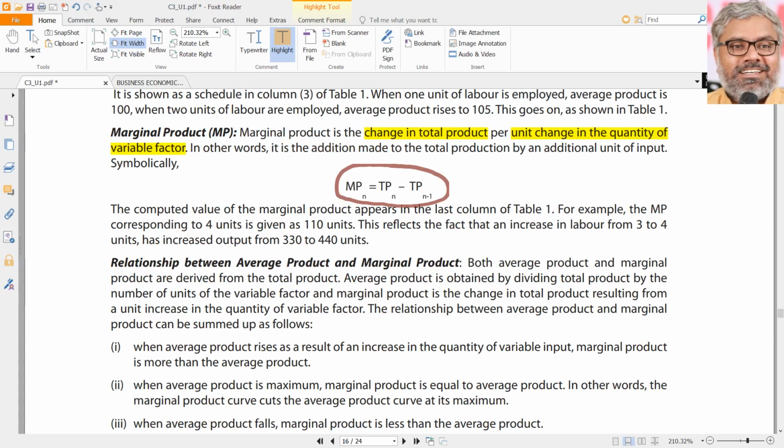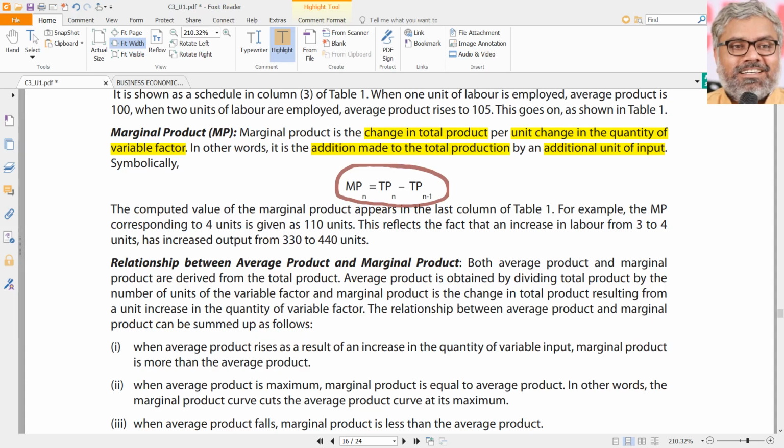What is the addition made to the total production by an additional unit of input? That's what is called marginal product. We can say the total product of employing n units of input minus the total product of employing n minus 1 units of input is the marginal product of the nth input, not n inputs.